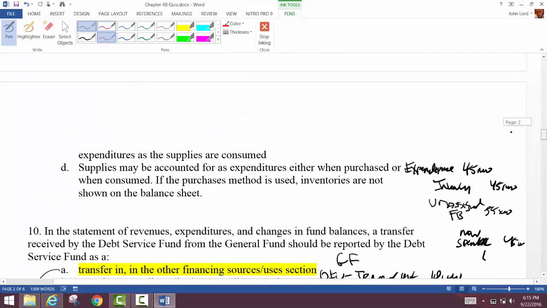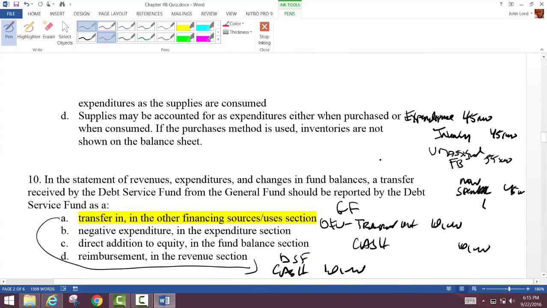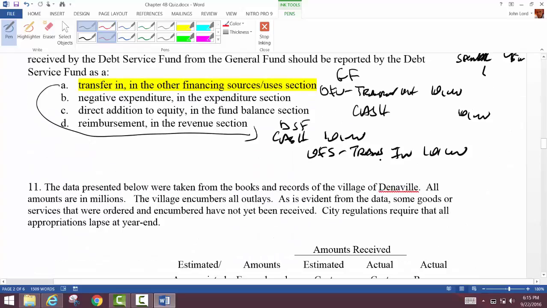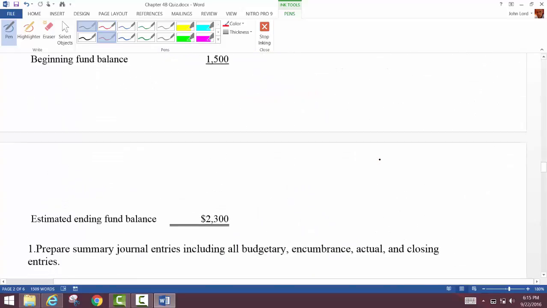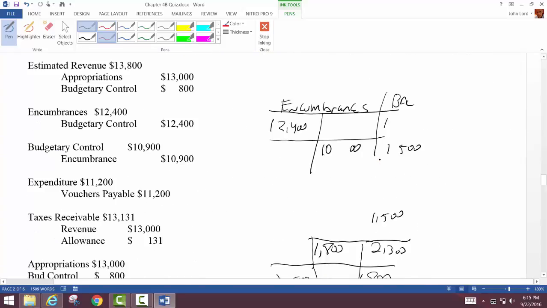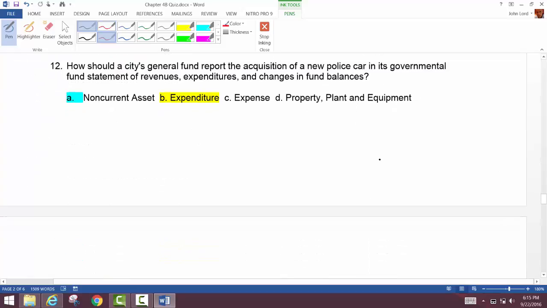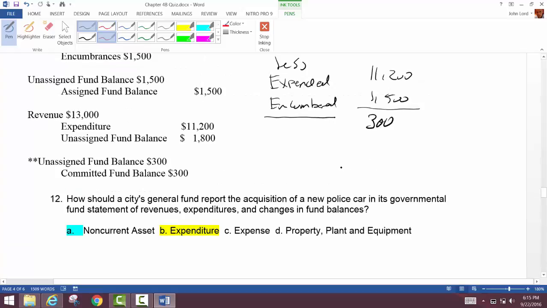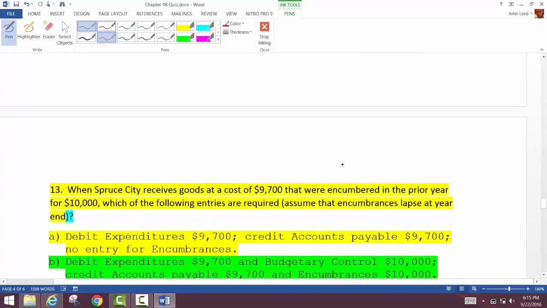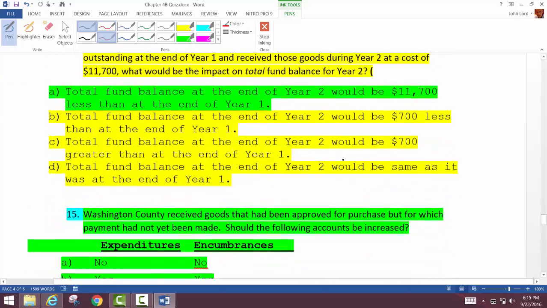Number 10 you should be able to work. Number 11 is a detailed problem, even though we're only going to have multiple choice questions on the exam. So you should be able to work through that. So that's your major 11, 12.